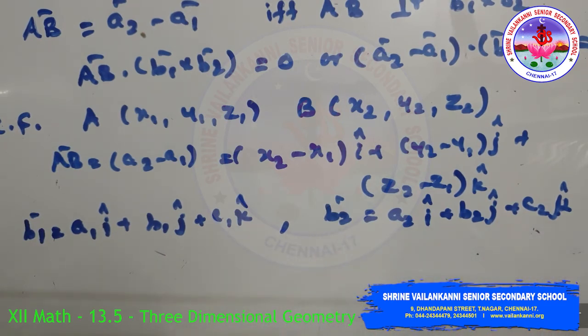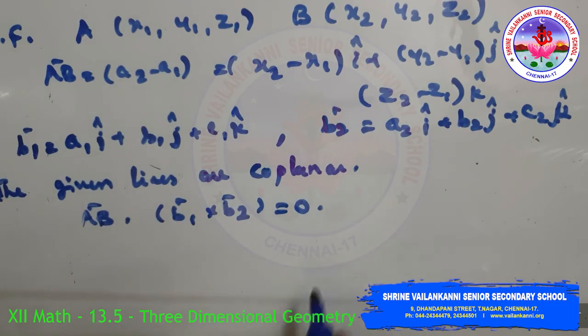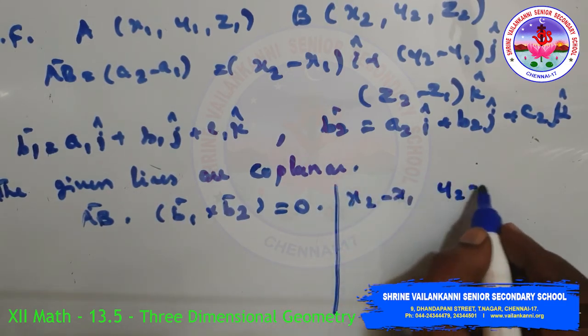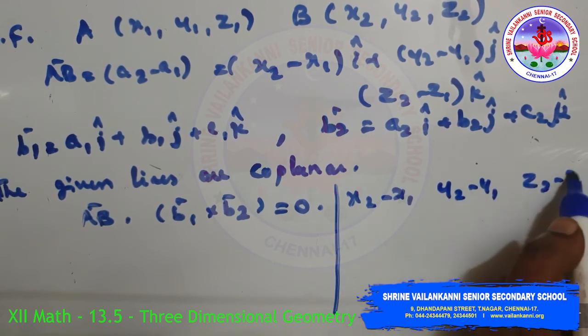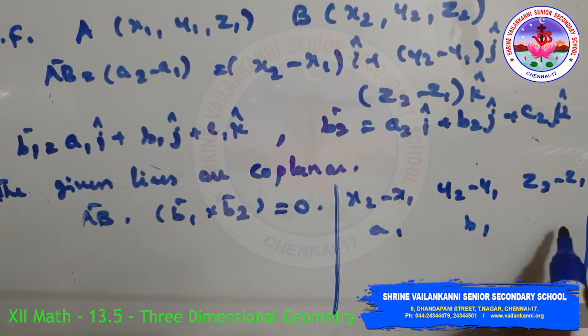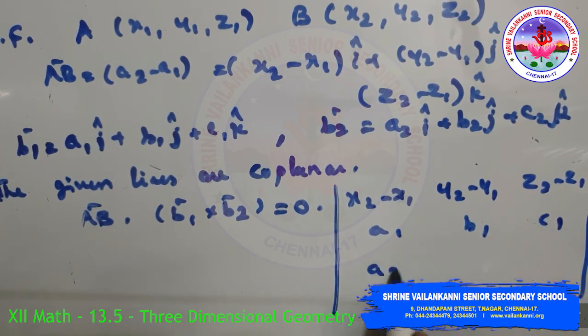The given lines are coplanar if and only if AB dot b1 cross b2 is equal to 0. Writing this in determinant form: x2 minus x1, y2 minus y1, z2 minus z1; a1, b1, c1; a2, b2, c2, which is equal to 0.